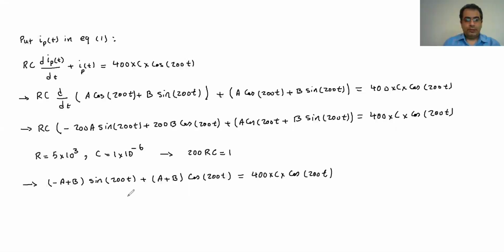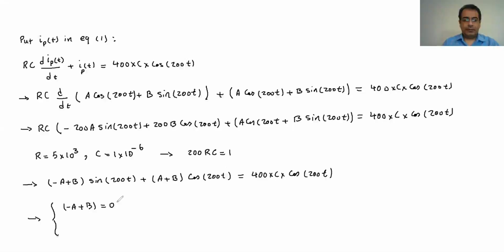To make the sine term 0, it means that negative A plus B should become 0. Then I have a cosine term here, and I have a cosine term here, so these two should also be the same in order for this equation to be correct.